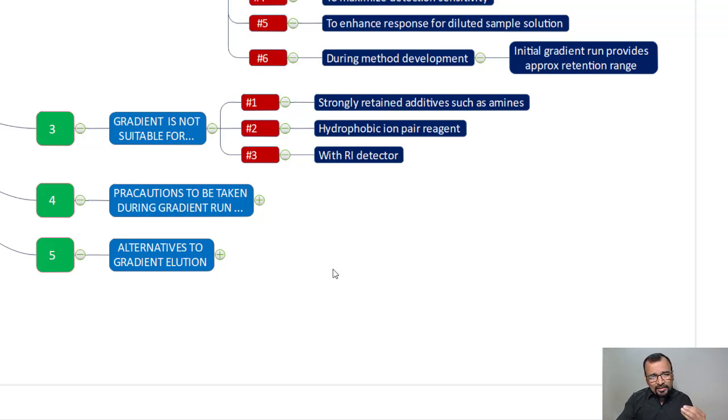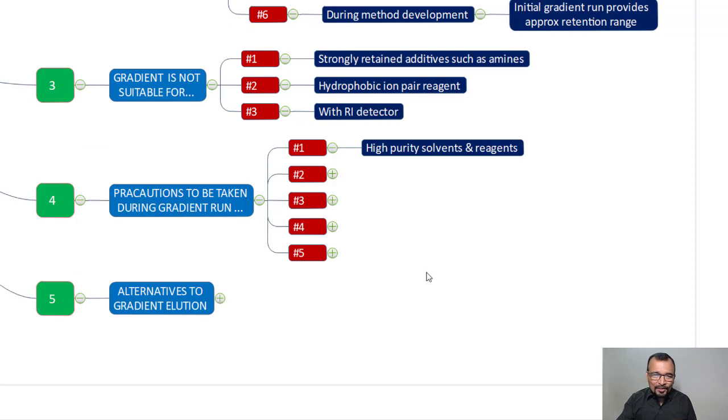Now, what precautions does one have to take during the gradient run? Here are a few points for you. You must use gradient purity, high purity or ultra purity solvents and reagents during all gradient elution, because you know that the gradient elution mode will not yield a plain, flat baseline.